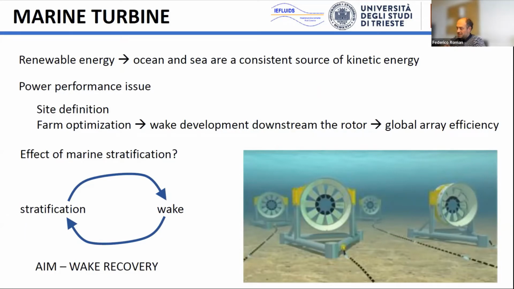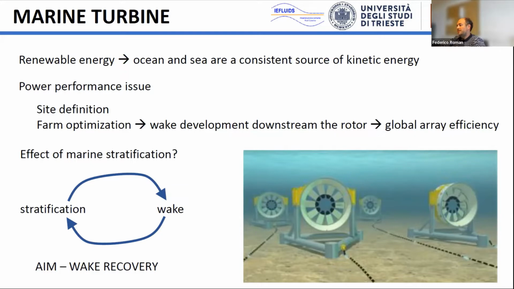With respect to the case of air, so the wind farm, the condition of a marine farm has a strong difference related to the density field. In particular, during some periods of the year, for example in summertime, or due, for example, to river inflow, the conditions where the turbines are applied are subjected to a strong stratification.